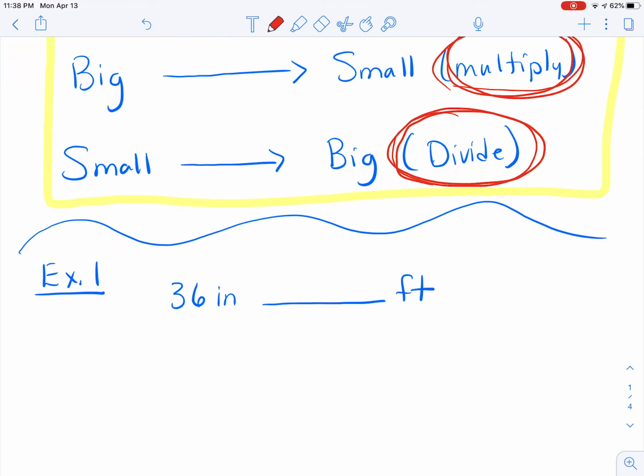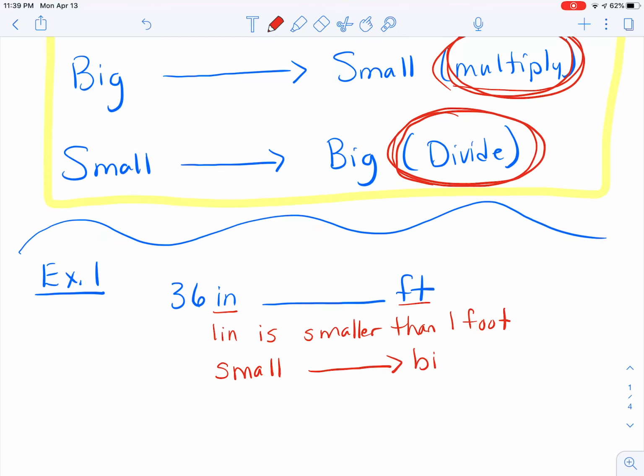All right, example 1, we're going to convert 36 inches equals how many feet? Well, if I'm comparing inches to feet, 1 inch is smaller than 1 foot. So I'm going from small to big.